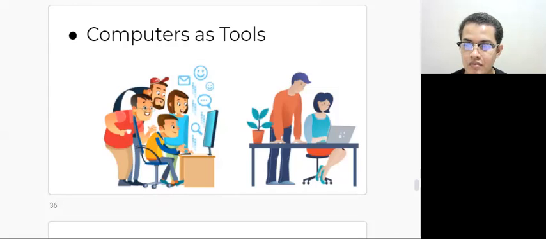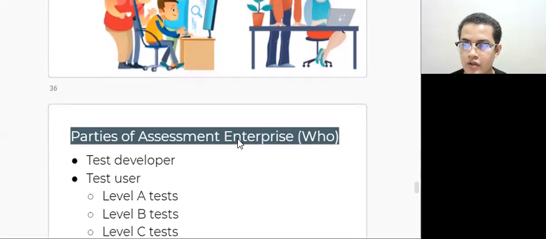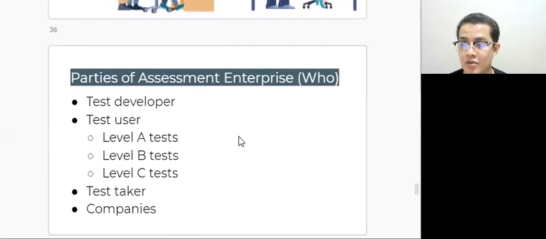Okay. Now that we are done with several assessment tools, let us now discuss the different parties on assessment or individuals who are involved with psychological assessment. First, we have the test developer.